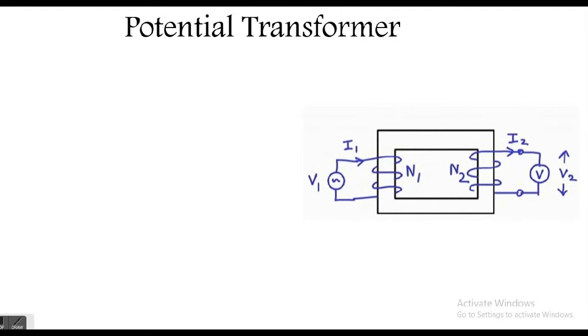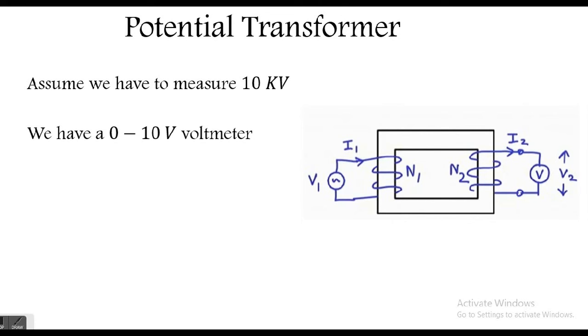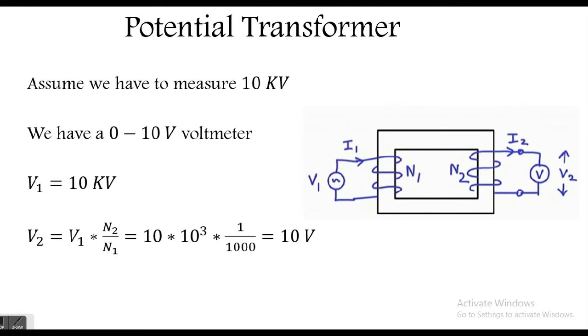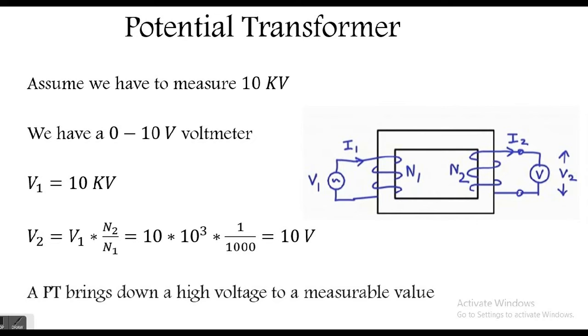V1 is the high voltage to be measured, which is connected to the primary, and V2 is measured by the voltmeter V. If V1 is 10 kV, then V2 is given by the voltage relation of the transformer, V2 equals V1 into N2 by N1, so that is 10 volts. Basically, a potential transformer brings down this high voltage to a measurable low value. That is the purpose of a potential transformer.